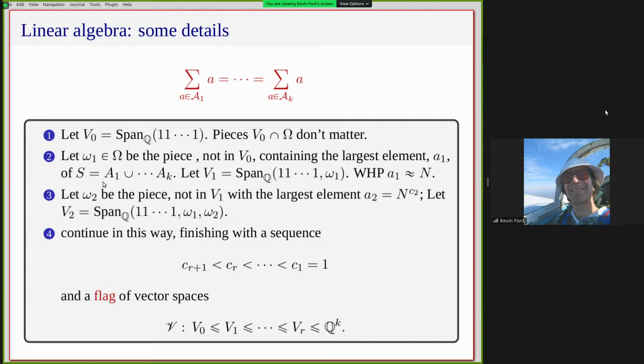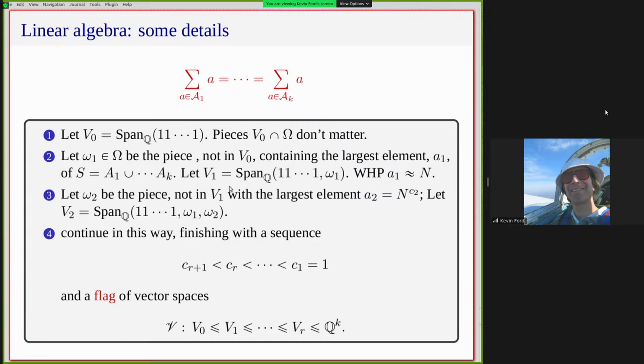So it's the largest element of the union here that's involved in any of these. V1 will now be a vector space spanned by the all ones vector and omega 1. And from probabilistic heuristics, A1 will be roughly of size n most of the time.